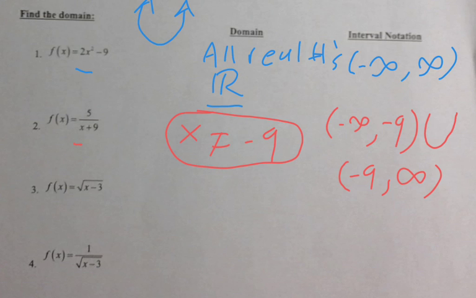So union kind of adds both domains together, but we know with parentheses negative 9 is not defined, not included, therefore this is our domain. Remember, anytime you have 2 different domains that are possible, it's union.